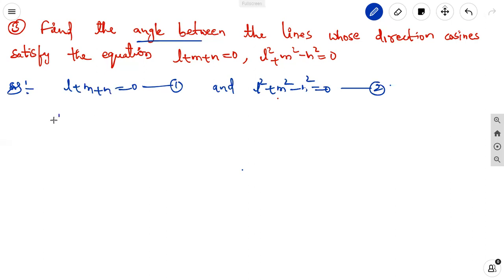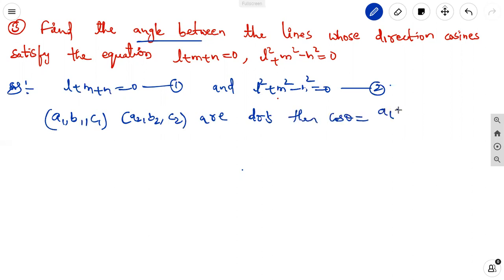Here two formulas are there. One is, if a1, b1, c1 and a2, b2, c2 are DRs, direction ratios, then cos theta equal to (a1 a2 plus b1 b2 plus c1 c2) by under root of a1 square plus b1 square plus c1 square, under root of a2 square plus b2 square plus c2 square.